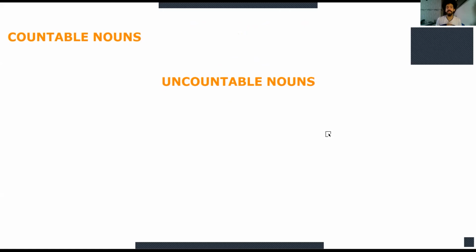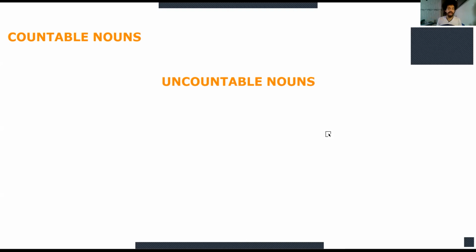The uncountable nouns are just the opposite of the countable nouns. While the countable nouns have a considerable size, they can be differentiated, they can be put in plural. The uncountable nouns normally have a very small size, or you cannot differentiate them from themselves.